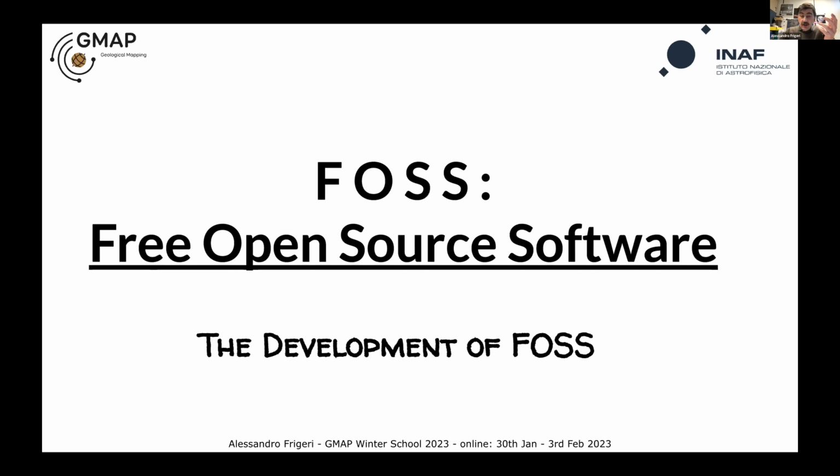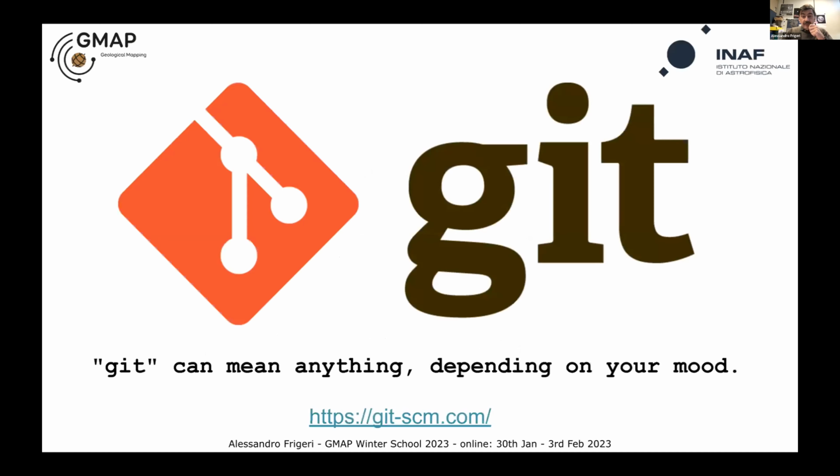And there is another point. Who pays for the software? Who develops the software? It's interesting because the development of free open source software is made with another free open source software. Nowadays, Git is a free open source software that is made to develop new free open source software. Git means anything depending on your mood, as the author Linus Torvalds states.